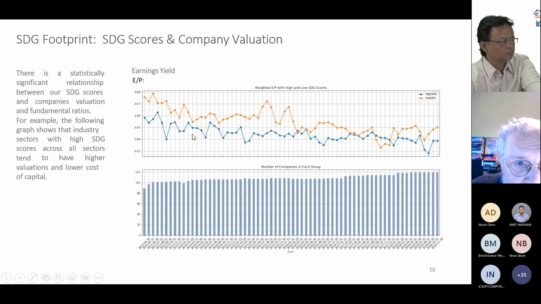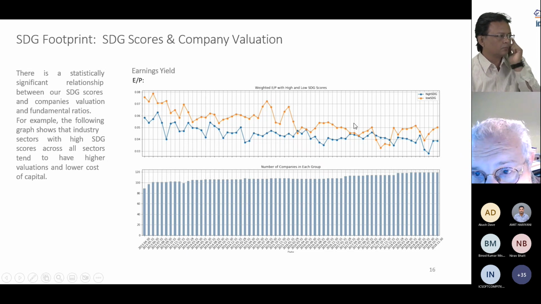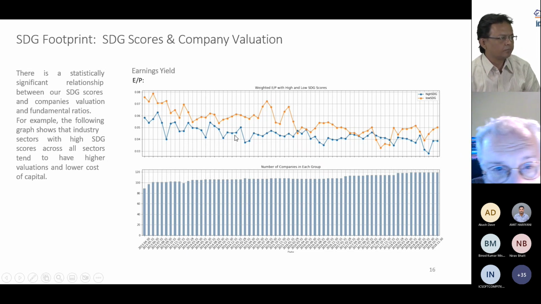Here you can see that the earning yield, if you follow SDG, is higher. It's a bit higher.